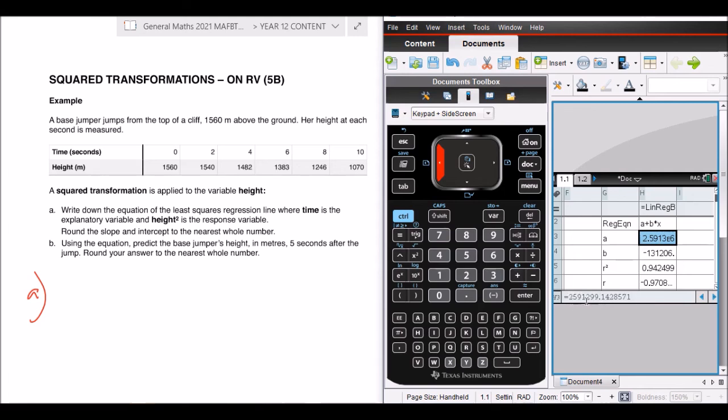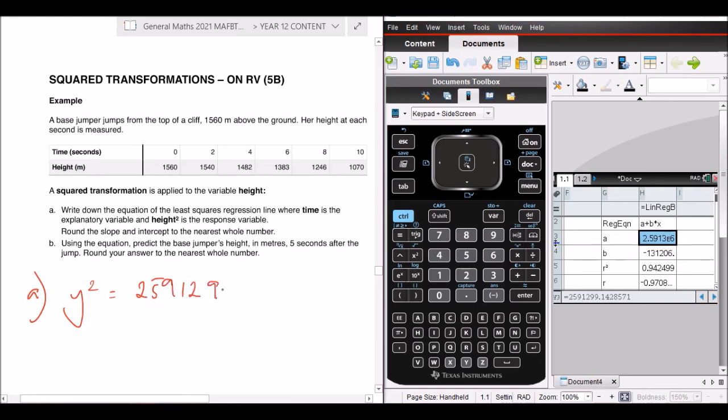A is 2591299. So my formula, Y squared equals 2591299. I'm going to skip the decimals because it does say nearest whole number and that 1 doesn't affect the 9.